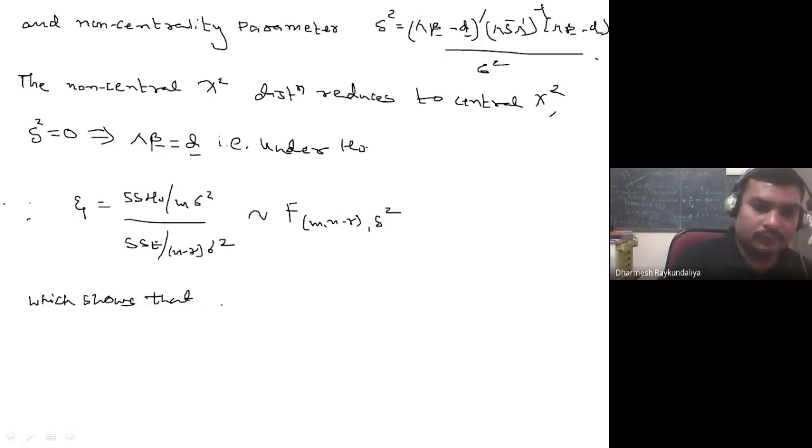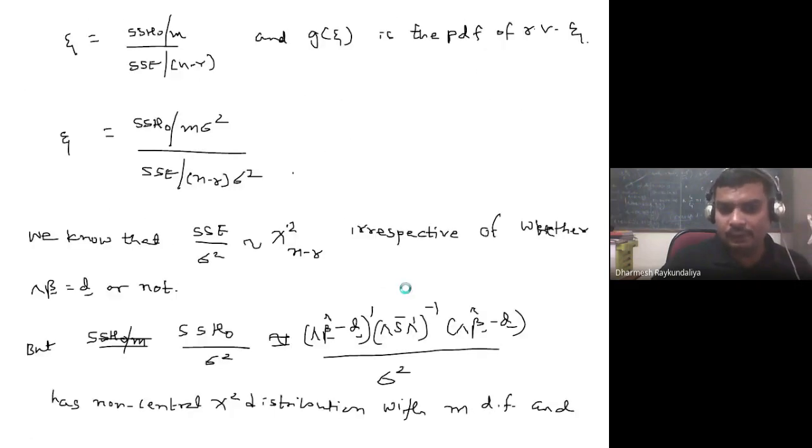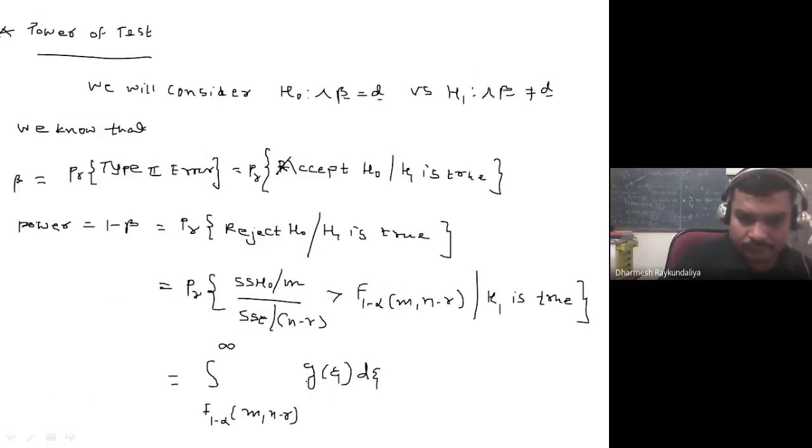Which shows that the power of the test depends on the distribution of xi. Xi is non-central, so z of xi is a non-central F distribution. It means that the power of the test is a function of m, n minus r, as well as delta square.